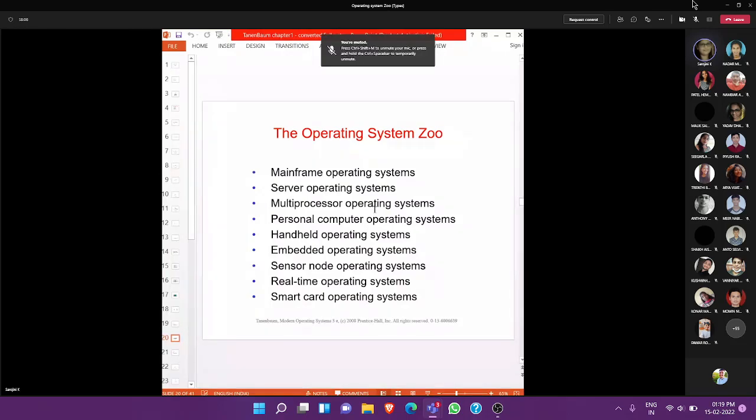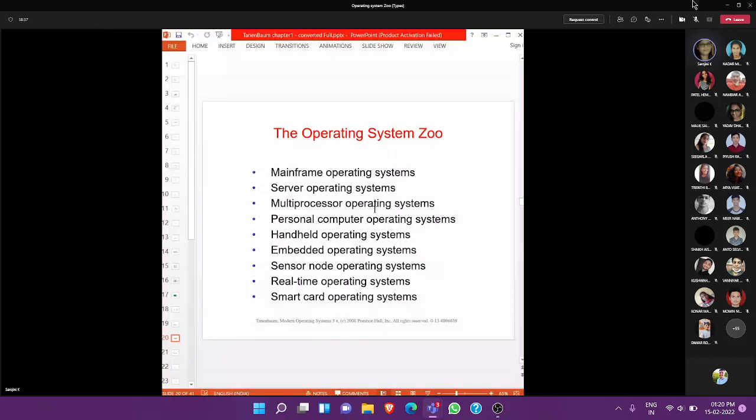We use personal computers generally for internet surfing, typing something in Word, creating something in a spreadsheet, small paint applications, very basic operations.